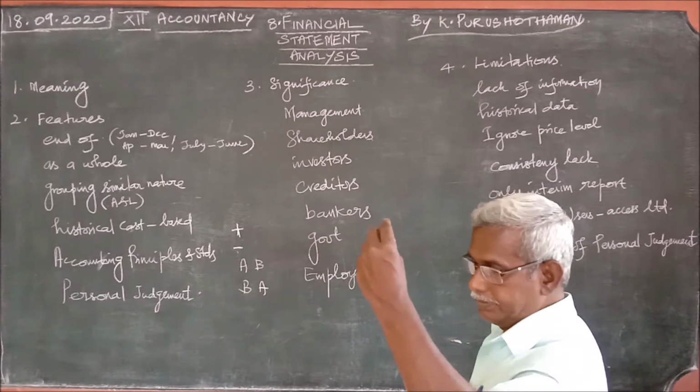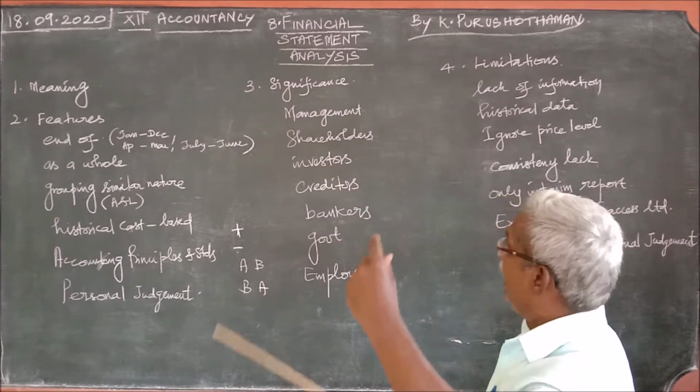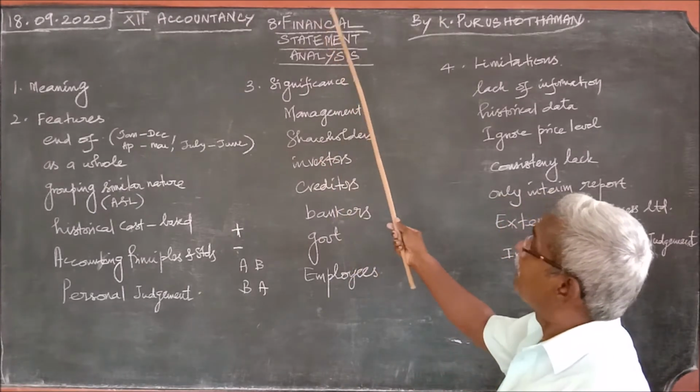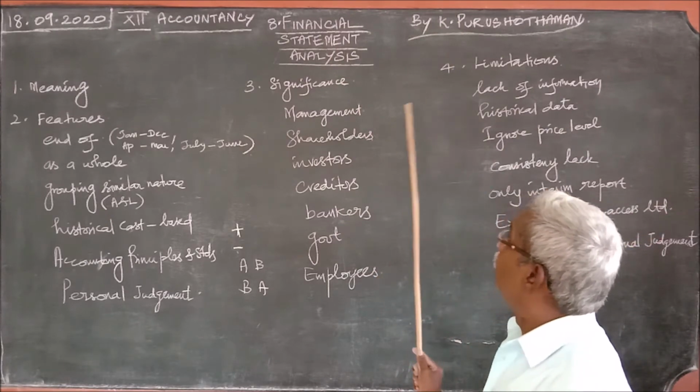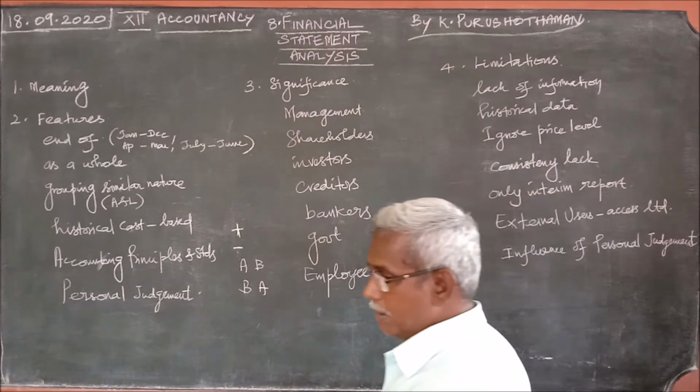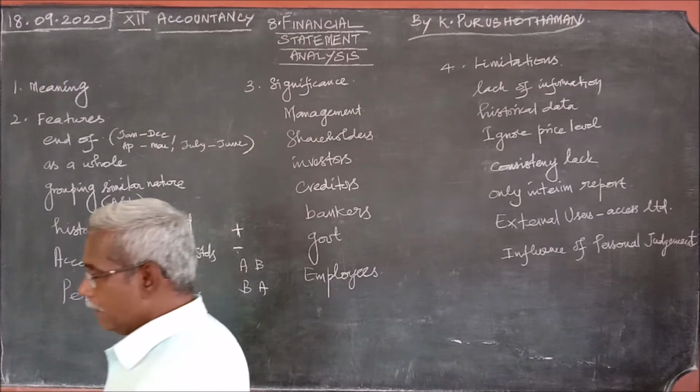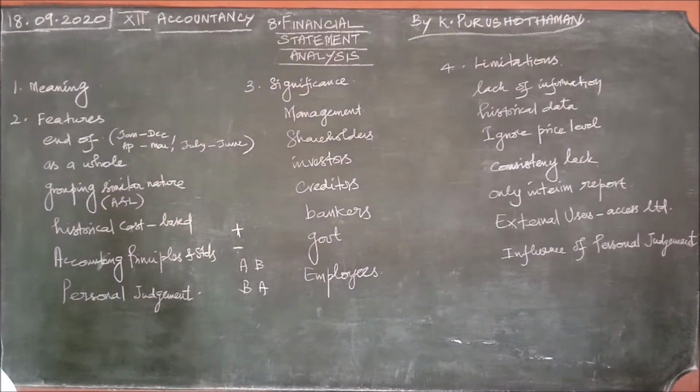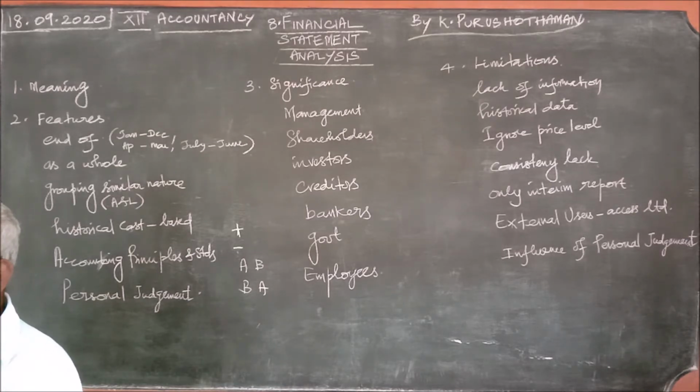First one, the statement gives some information to the management, because management is the important part of any organization. It is the one which runs the business. It is the one which guides the business.